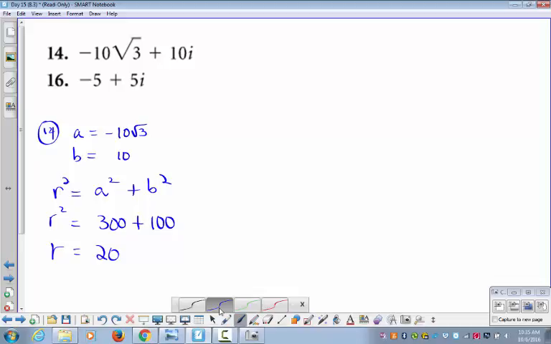How about the angle? So first off, we certainly want to identify what quadrant we're in, just to make sure we're not coming up with the wrong sign. Okay, so that's in quadrant 2. Everyone agree? All right, so quadrant 2.